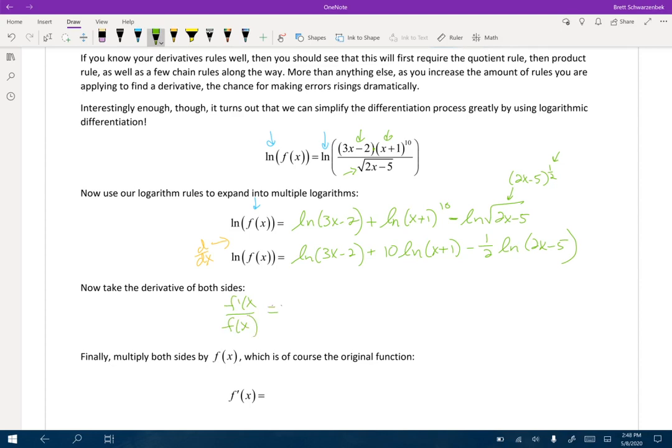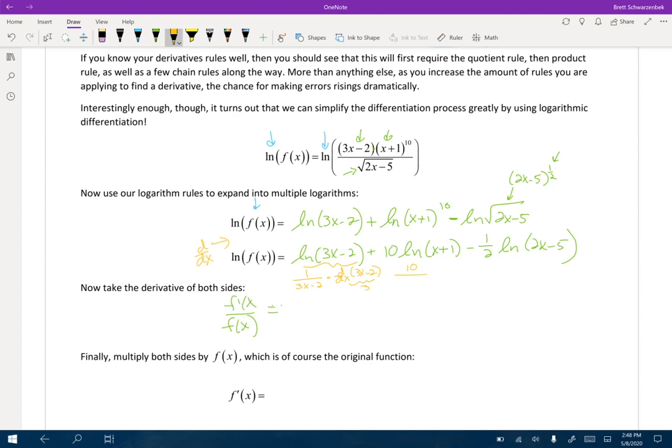For example, if you look at this one here, the derivative of natural log is 1 over the inner function times the derivative of the inner function, which is 3. This one, we're going to have 10, which is a constant that comes along for the ride.